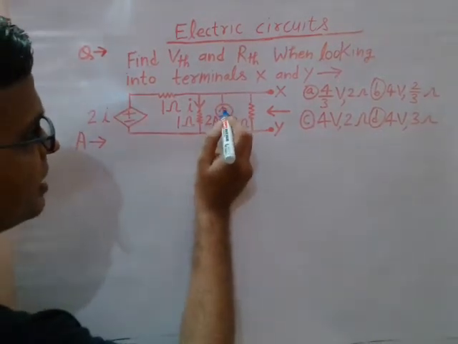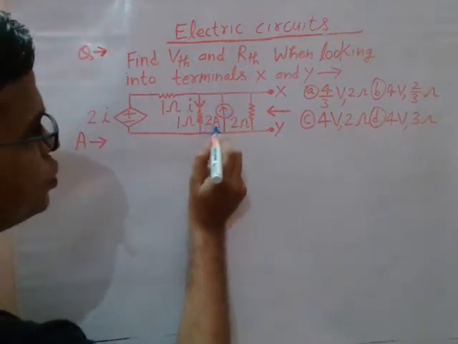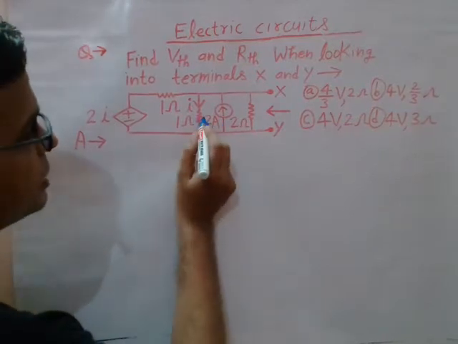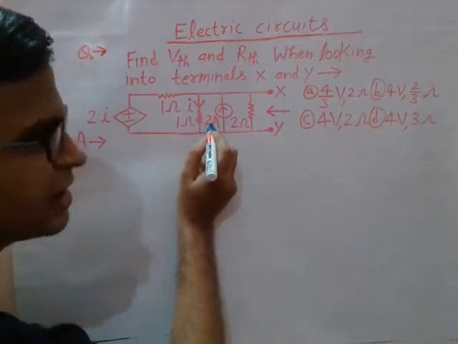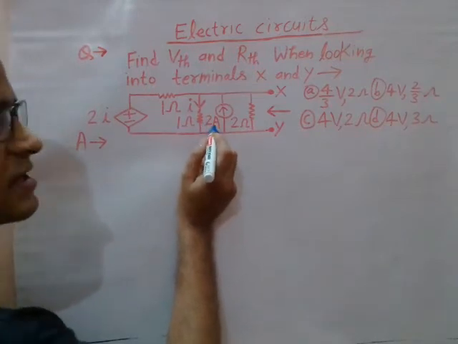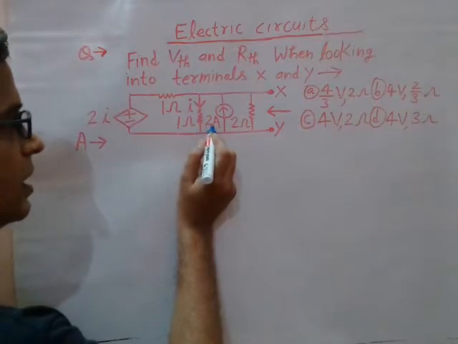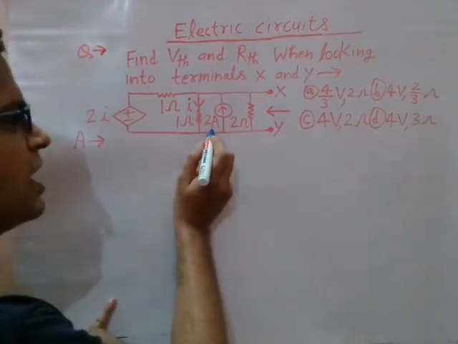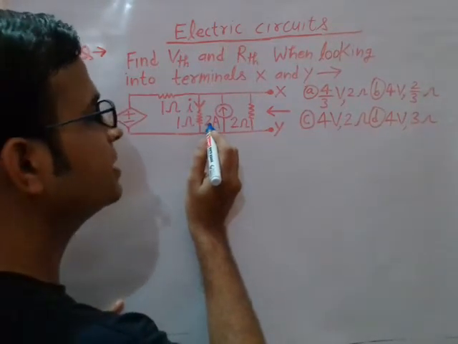It is indicated by this arrow symbol, and its value is 2 ampere. So this is an independent current source. Why independent? Because its value is fixed, equal to 2 ampere, and it does not depend on any other parameter. That's why I said this is an independent current source.